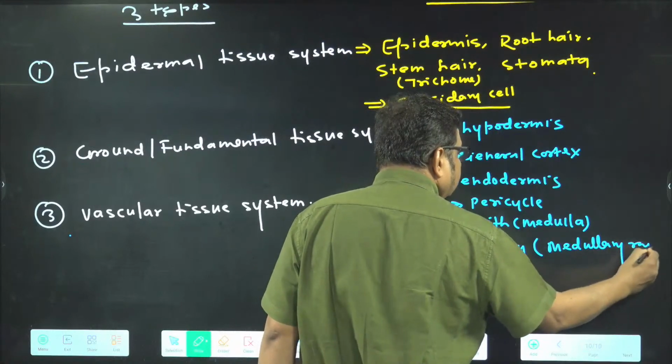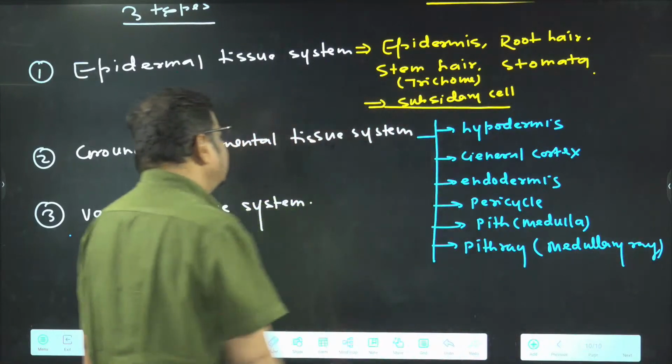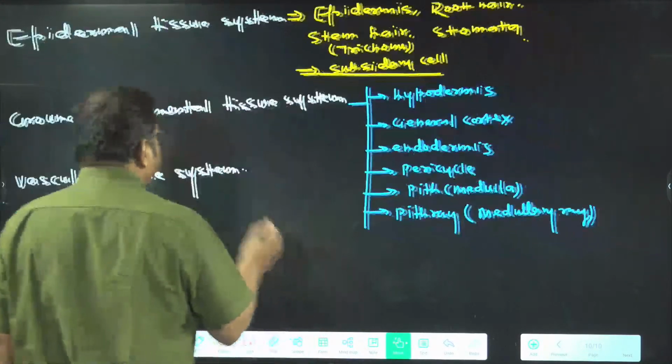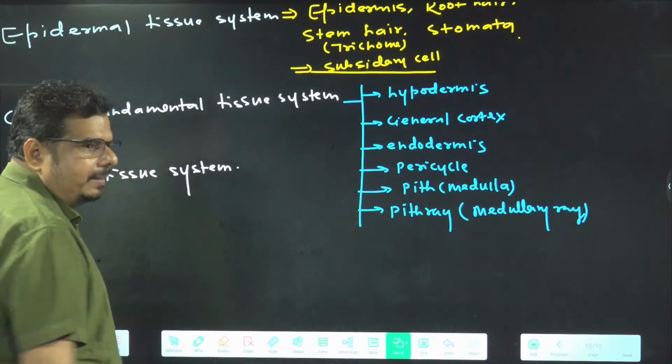These are the components of which tissue system? Ground tissue system.